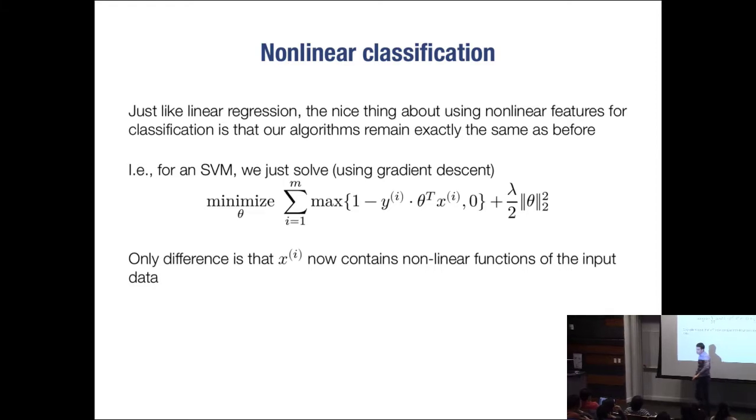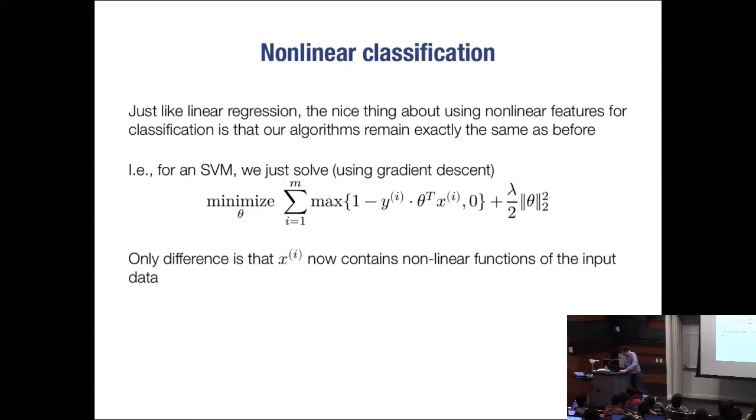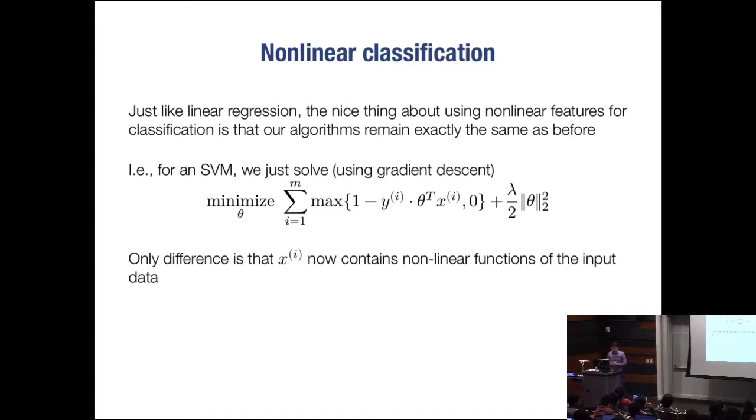That was the support vector machine objective we had. The only difference now when we go to the nonlinear case is that X contains nonlinear features of the input instead of the raw inputs themselves. Everything else remains exactly the same, and you just get nonlinear classification.